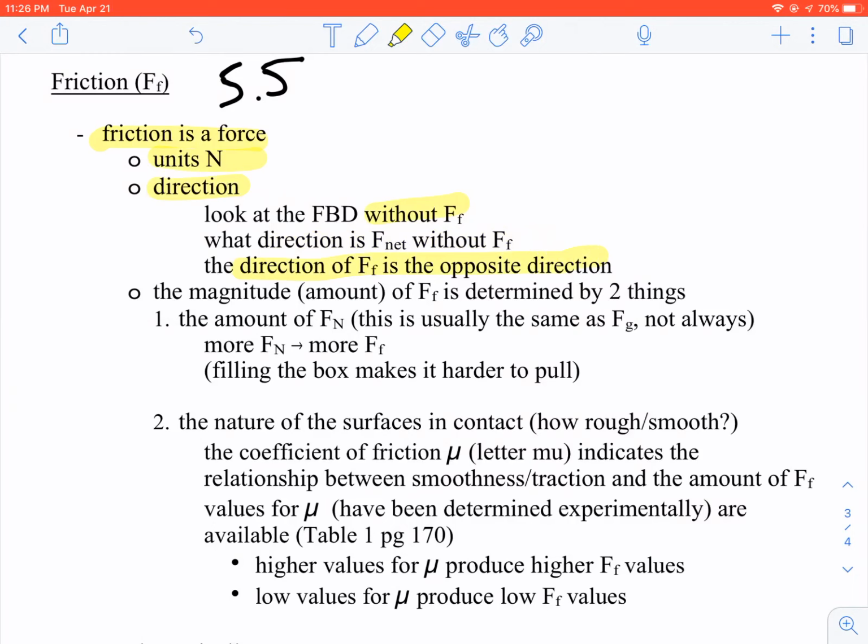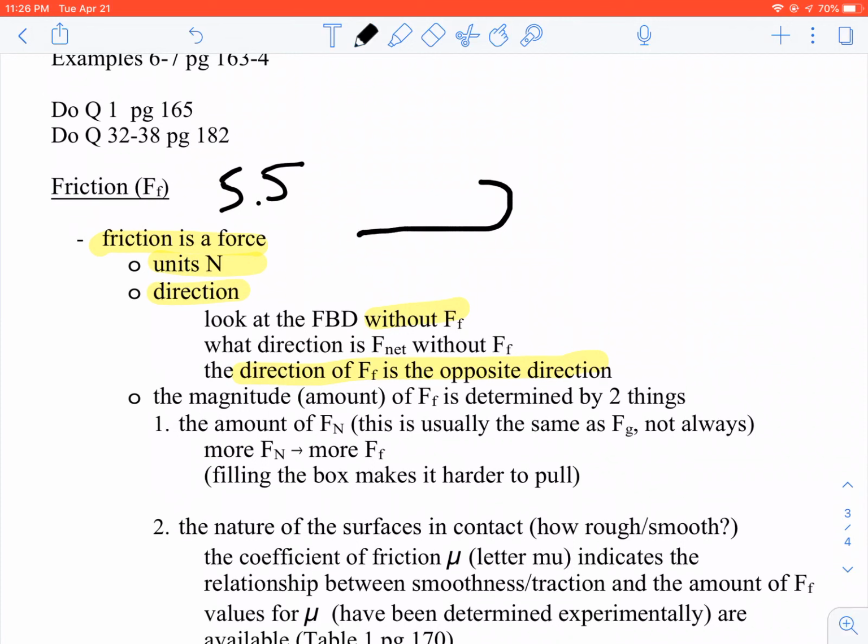If I was trying to pull a sled right across the snow, and there's nobody on the sled, and here's me walking along pulling the sled, it's pretty easy for me to pull. Now, if I put a big block of ice on here, it gets harder to pull.